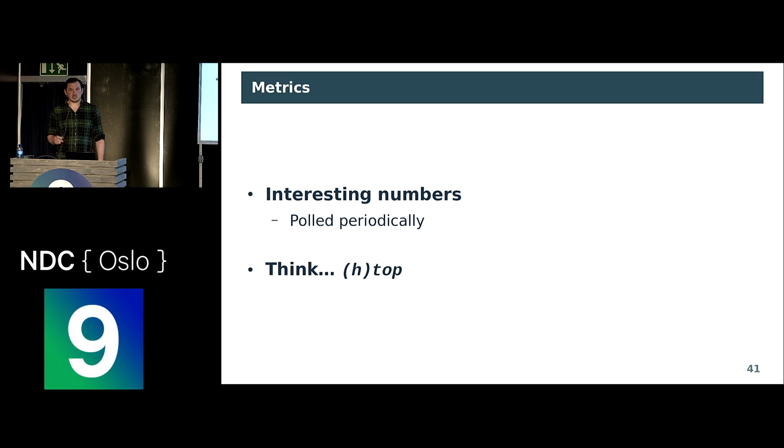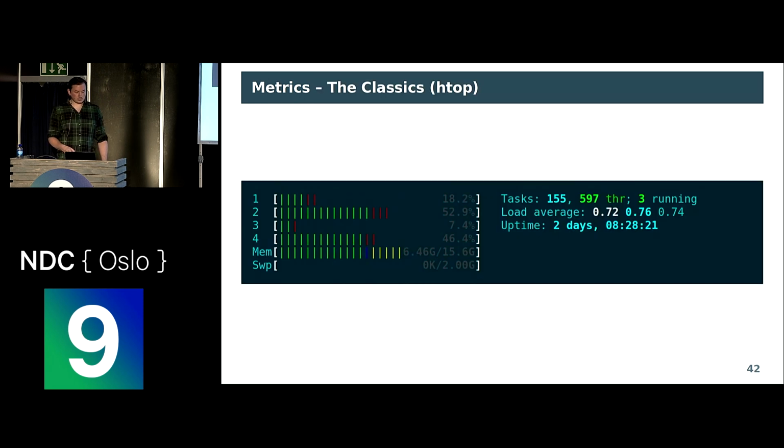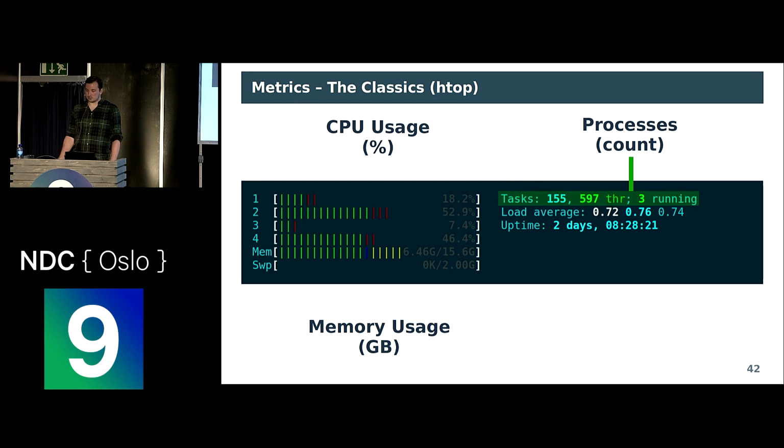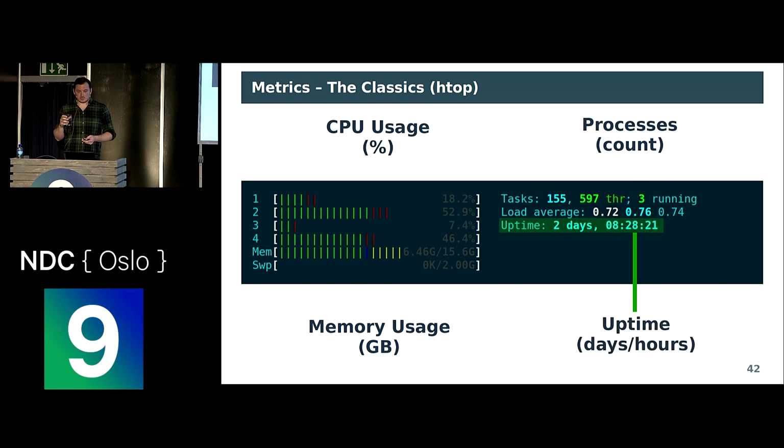And you can see a lot of really nice examples of this in HTOP, another excellent debugging tool. HTOP you can run on a server and it just tells you some useful metrics about the server. It gives you the CPU usage, just a number, memory usage, another number with a different unit, process count, how many processes are running on your server, very useful to know, and even the uptime.